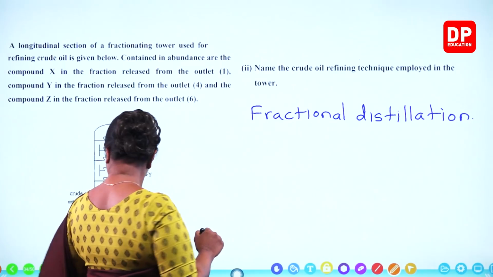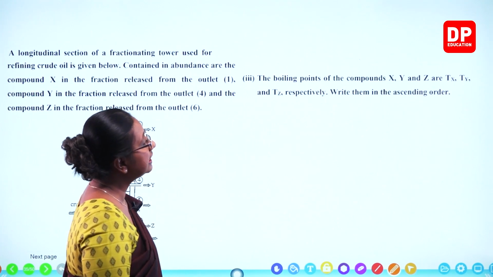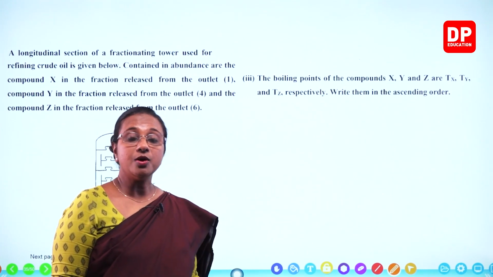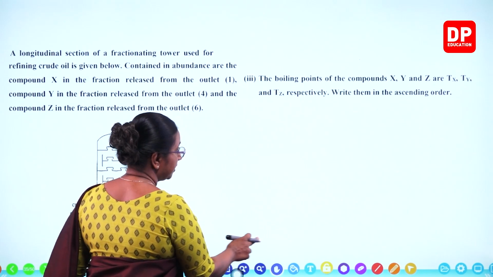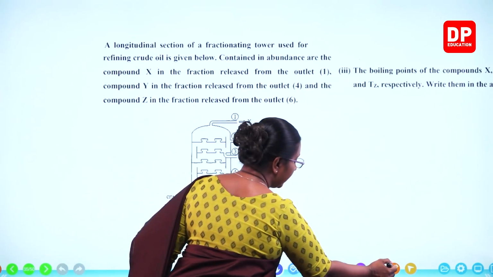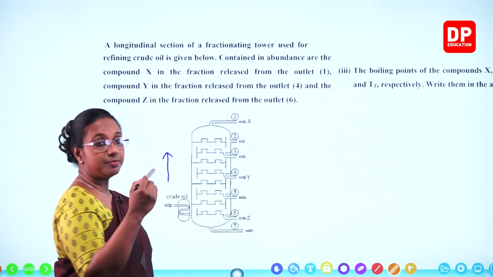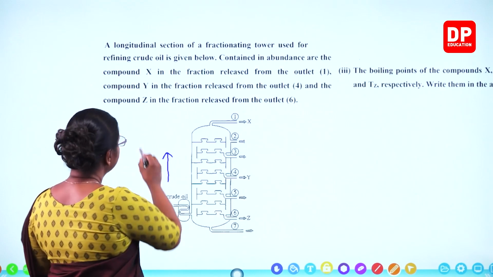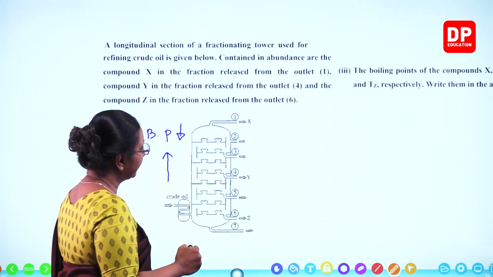Then the next question. Part 3: the boiling points of the compounds X, Y and Z are Tx, Ty and Tz respectively. Write them in ascending order. Ascending order is the increasing order. Now like I told you all students, as we go up the tower, the boiling point decreases.